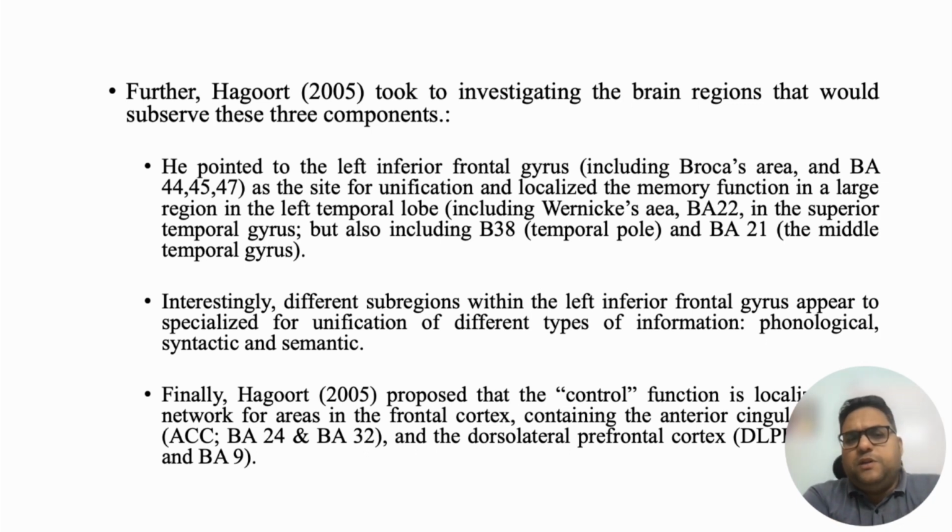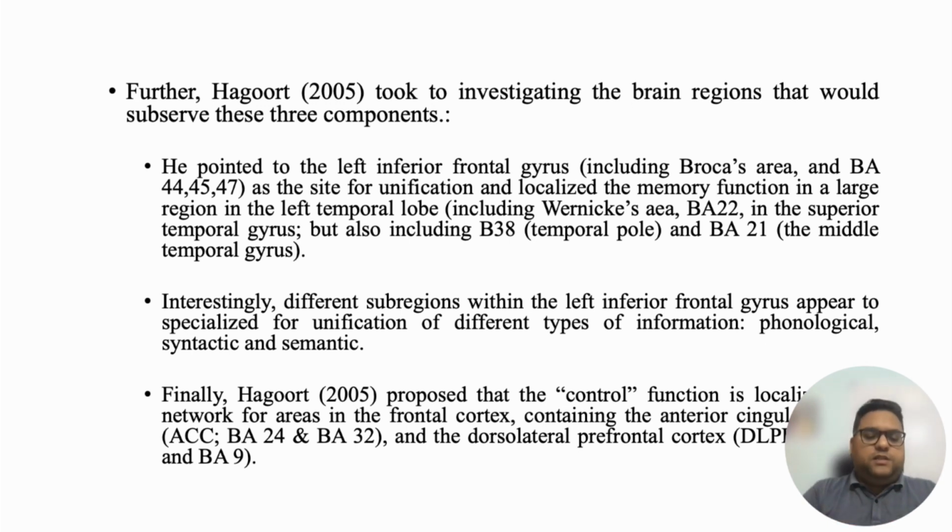Interestingly, the different subregions within the left inferior frontal gyrus appear to be specialized for unification of different types of information: phonological, syntactic, and semantic. Finally, Hagoort proposed that the control function is localized in a network of areas in the frontal cortex containing the ACC, that is the anterior cingulate cortex, and the dorsolateral prefrontal cortex.